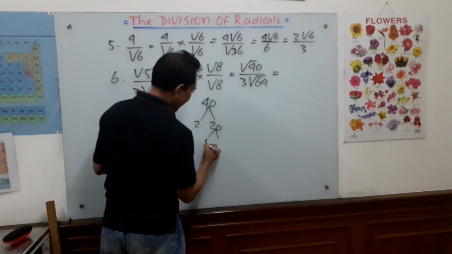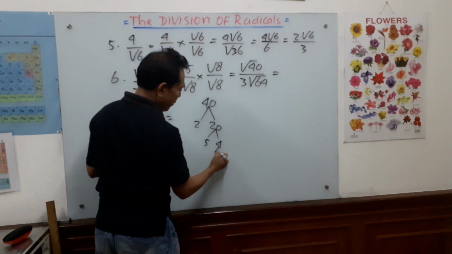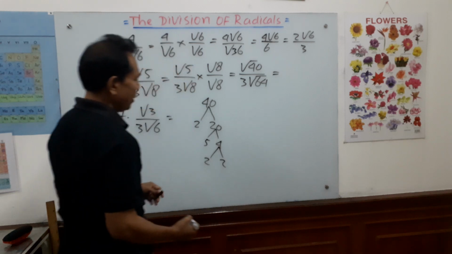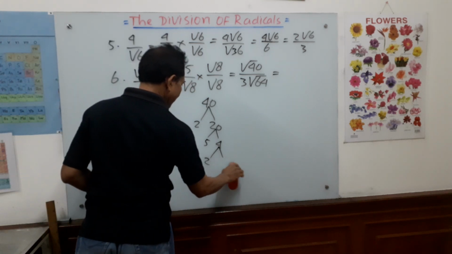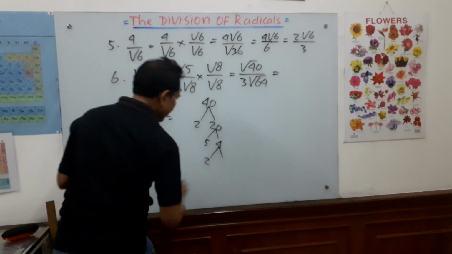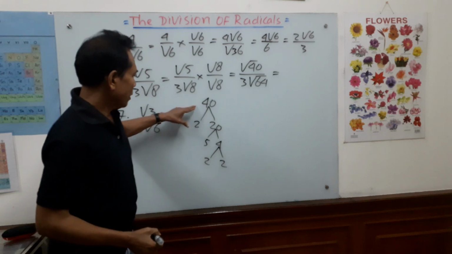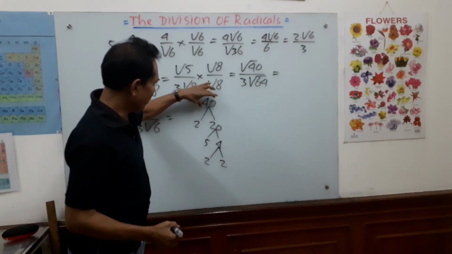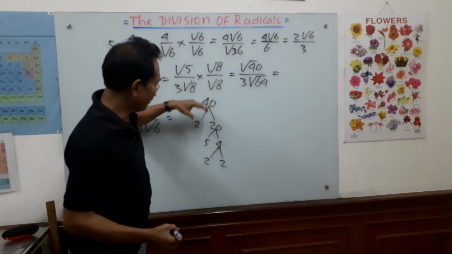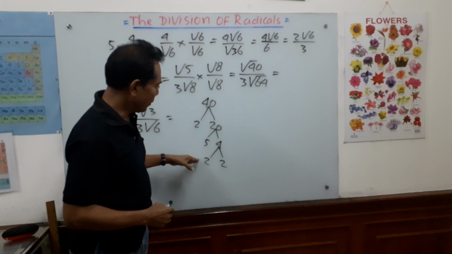Here we have 5, here we have 4. Now we keep going with this one. So this is 2, 2. Okay, 2 and 2. Now we come to the factor tree of 40. We get 2, 5, 2, 2.